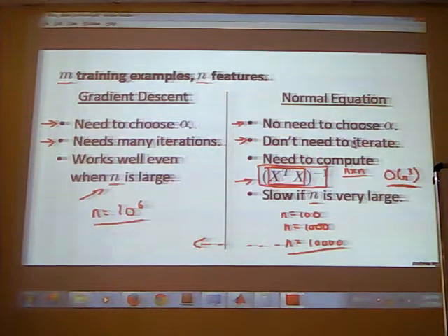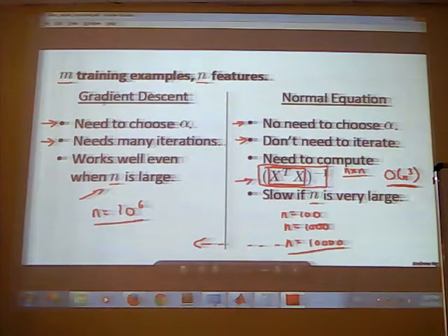So far we have discussed gradient descent and normal equation. Suppose we have m training examples and n features. Which one is better to choose, gradient descent or normal equation, in our algorithm? So here are some differences. In gradient descent we need to choose alpha.